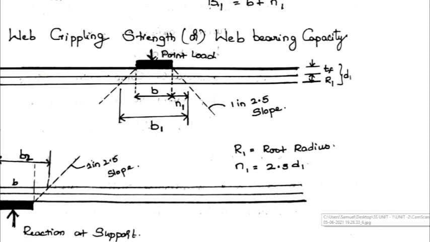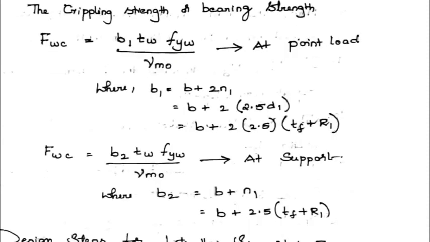And what is that D1? Let me show you here. That is TF plus R1. So this is the value, the crippling strength or bearing strength of web. Okay, B1 is equal to b plus 2N1, where N is equal to 2.5 D1, and D1 is nothing but TF plus R1.